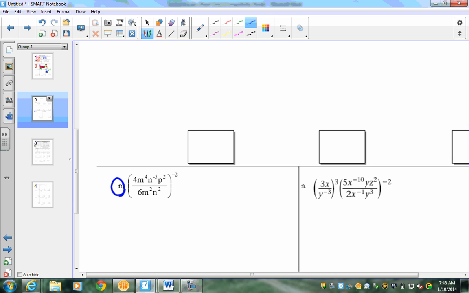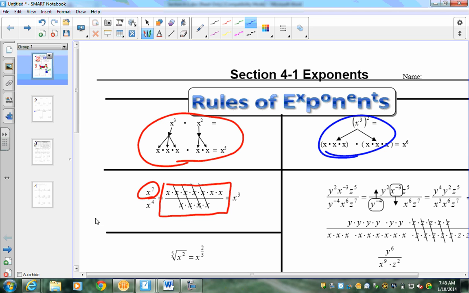Now notice what letter M is. It's a fraction, but it's being raised to a power of -2. Now, don't get confused here, because this basically is nothing more than this rule again. That's the rule that we're dealing with.